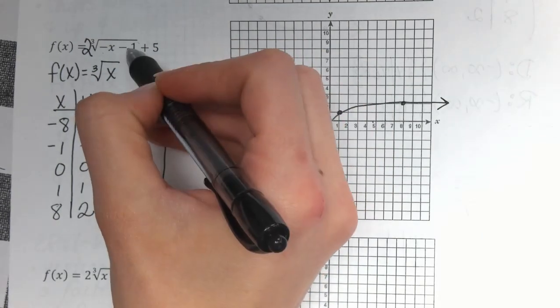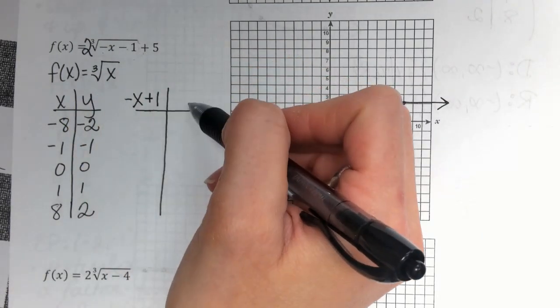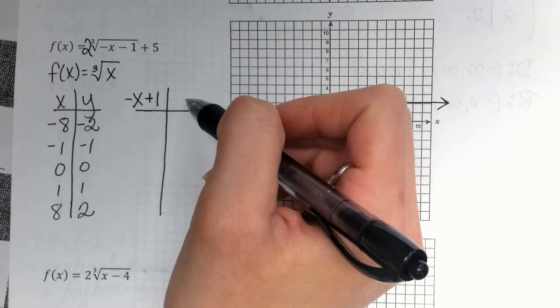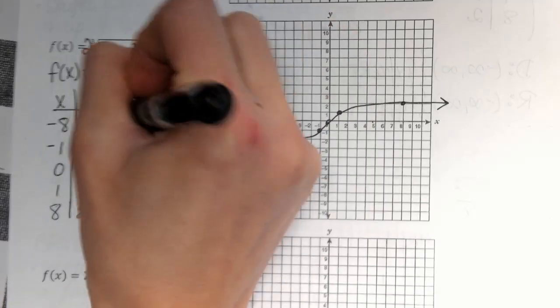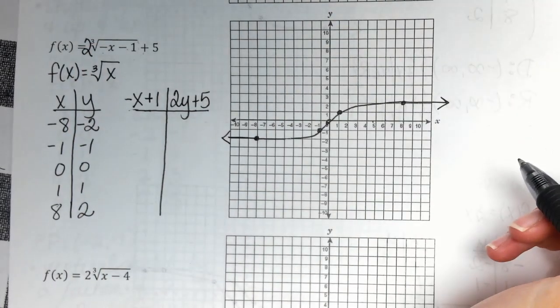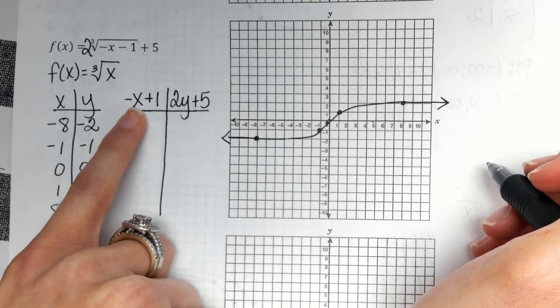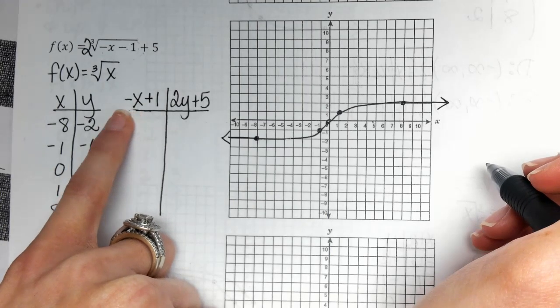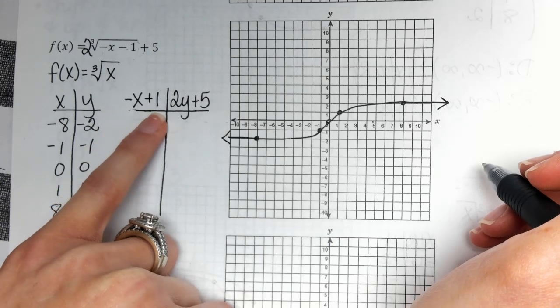But that negative 1 for the translation is going to change to a positive 1. And then what is happening to my y? 2y plus 5. Very good. Okay? Negative x plus 1. We are taking our x value, multiplying it by negative 1. All you're doing is changing the sign. And then adding 1. Okay?